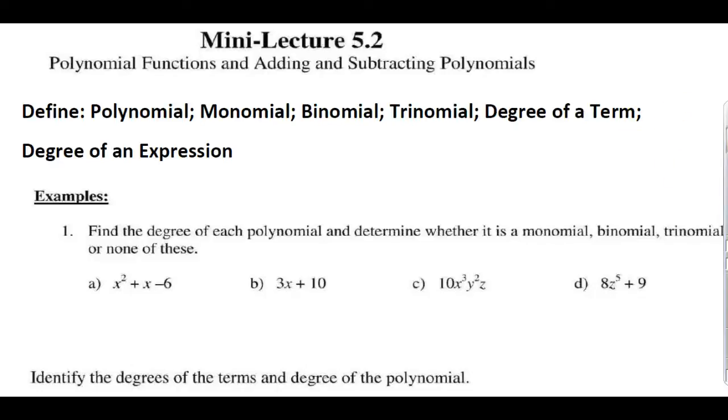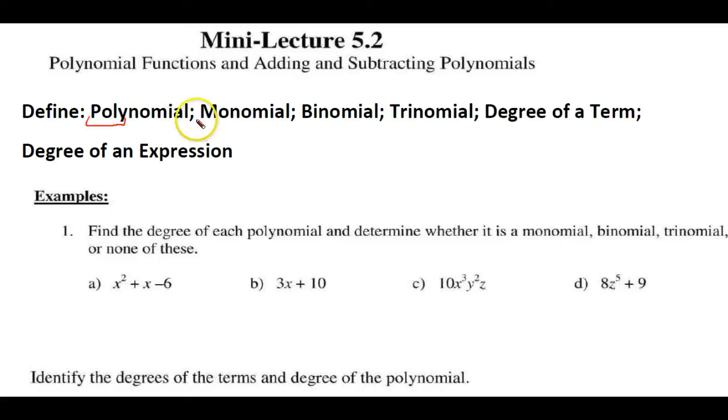As we go on to section 2 of chapter 5, we want to do a little vocabulary building. When we see the word polynomial, poly is the prefix for many numbers.